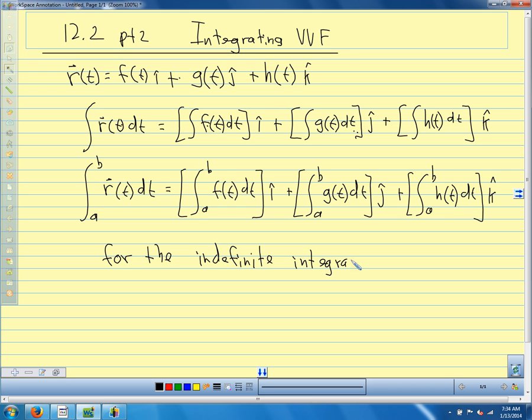Doesn't make it particularly difficult. We just need to know some initial conditions to find our vector constant, and the initial conditions will also be a vector. So we have our constant basically for each term, each piece, each component.